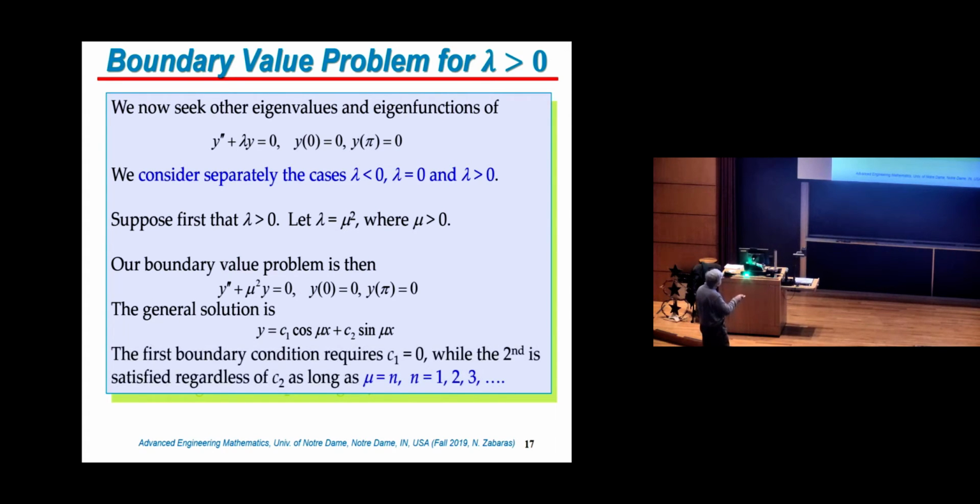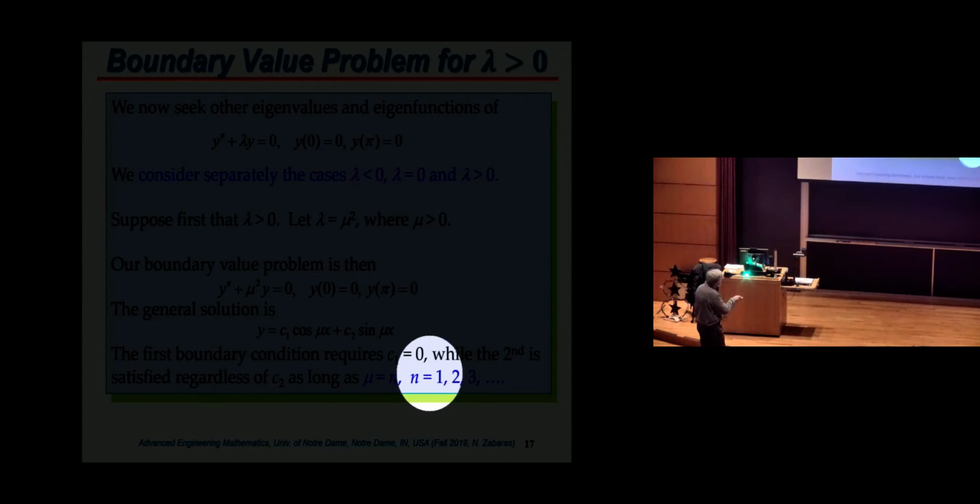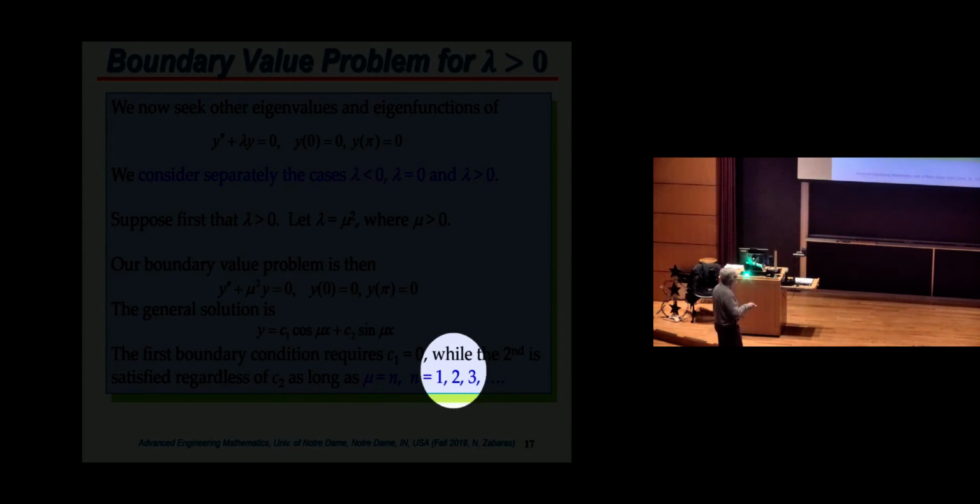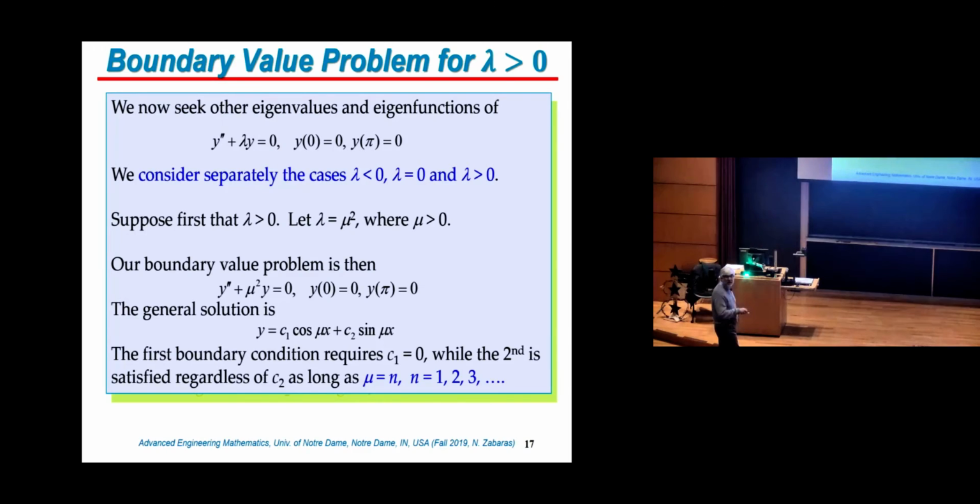So if mu is an integer, 1, 2, 3, then this boundary condition is taken care of. So mu equal n, so mu is equal 1, 2, 3, 4, 5, etc. And you remember lambda is mu squared. So what are our eigenvalues on this problem? They would be 1, 4, 9, etc.